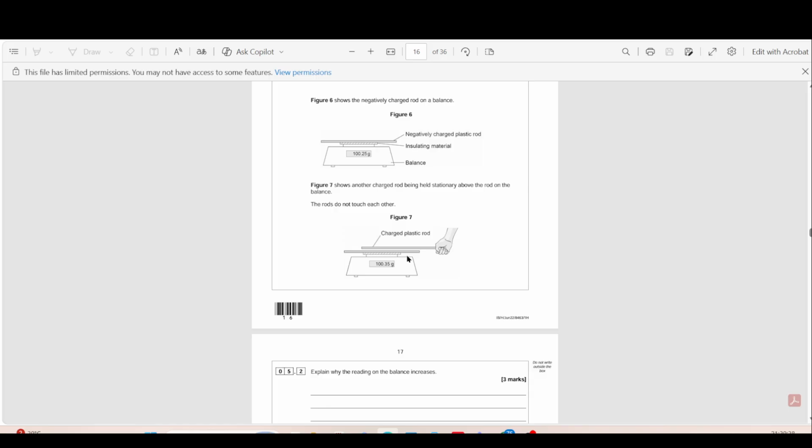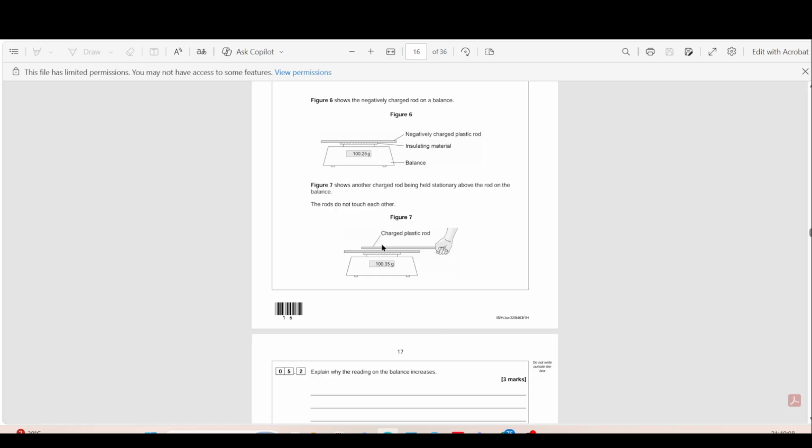Electrostatic means because of charge, it pushes the rod on the balance, and that's why it weighs extra. So the total downward force is partly because of weight, and partly because of electrostatic repulsion. There is an additional downward force because the same charges repel.